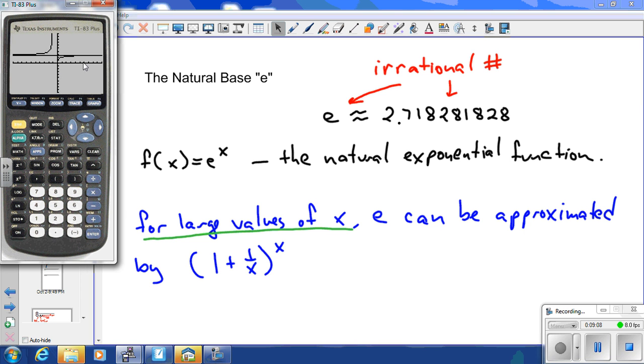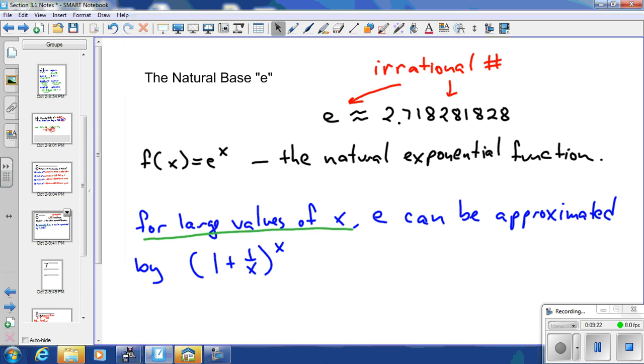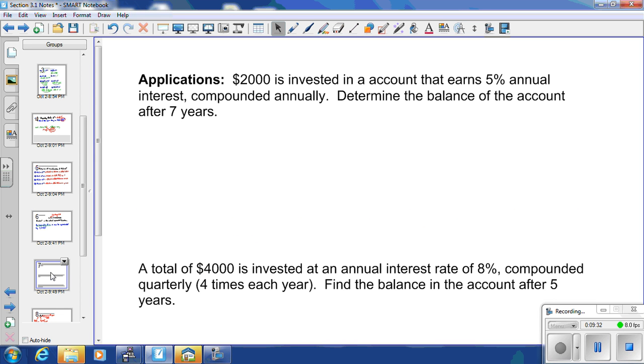Now, for large x values, you can see that this is an asymptote here. So the further I go to the right, the closer it's going to get to that line. So for large x values, this is a good approximation. Now, where that'll become useful is when we talk about compound interest, and so we'll begin that discussion right here.